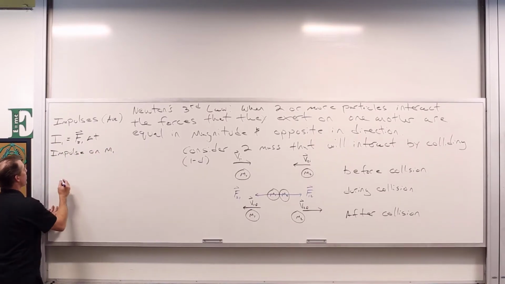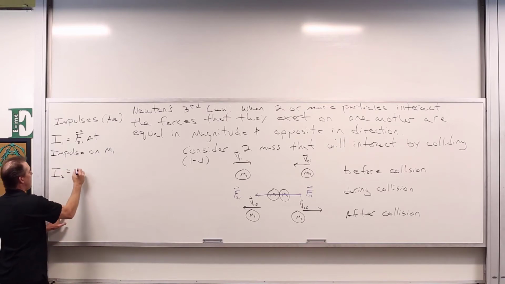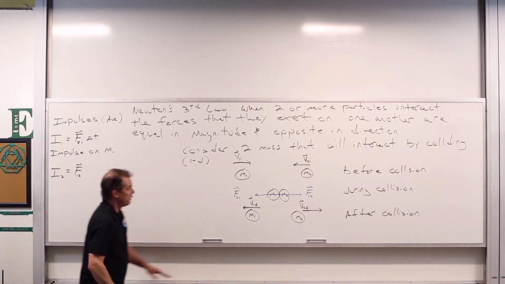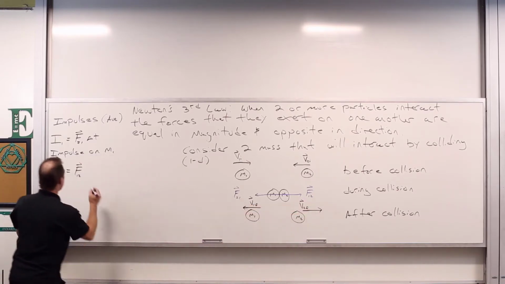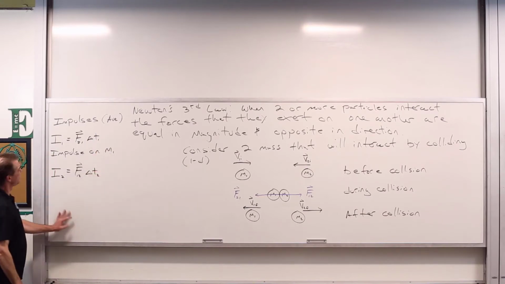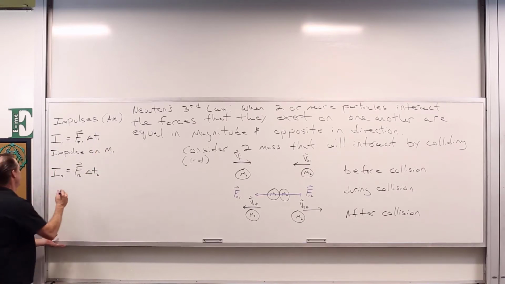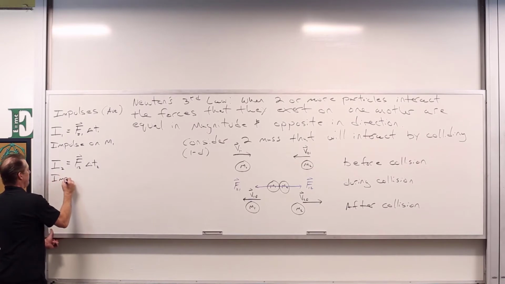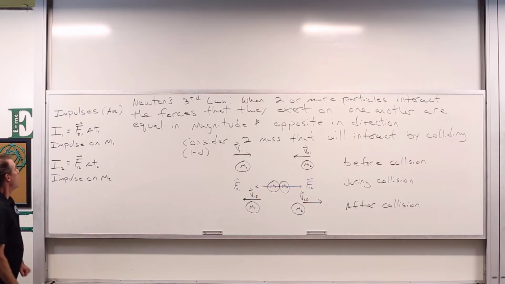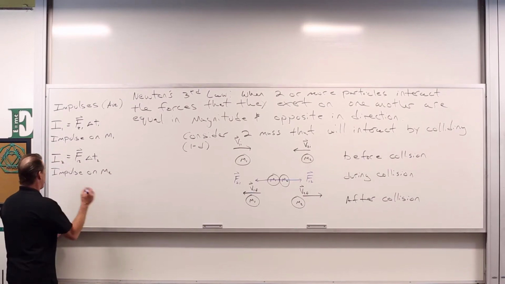And then we've also got an impulse on mass number 2. Well, that is going to be the force exerted on mass number 2 due to mass number 1, which again we're calling F12 hat, over some time interval, delta T. We could call that delta T1, delta T2, just to be on track with this. Impulse on M2. Well, what we should note with this is that the time intervals are equal.